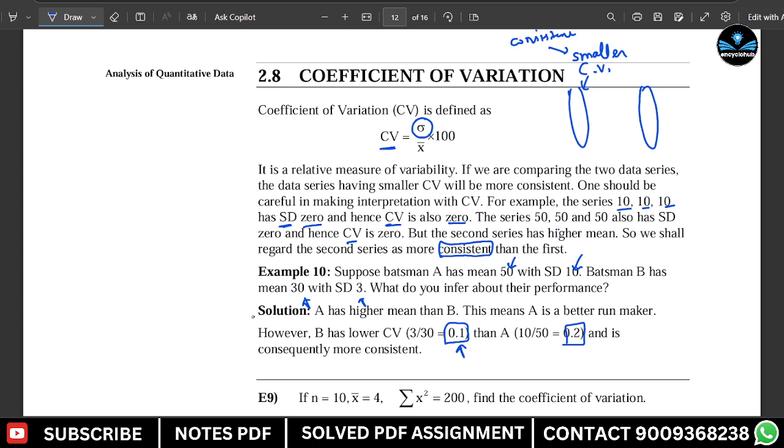In this example, we use sigma upon x bar into 100. This is for batsman A and this is for batsman B. For A, the standard deviation is 10 upon 50 into 100. Similarly, for B we have a standard deviation of 3 and a mean of 30.